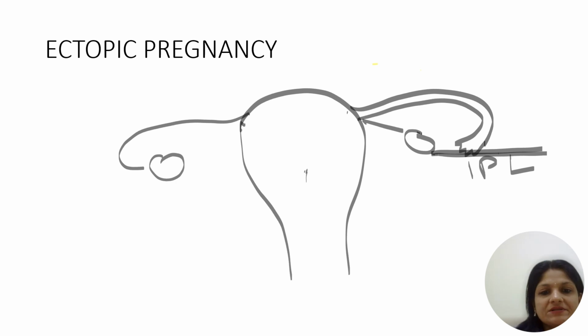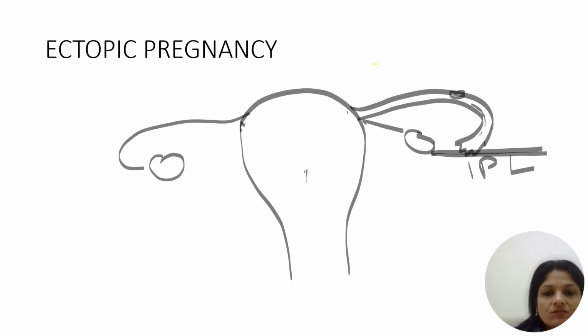Okay, so what happens in a normal pregnancy is when ovulation happens, the egg or the ova is released by the ovary and it is caught by the fimbrial end of the tube and it travels up the tube and the egg stays somewhere here.